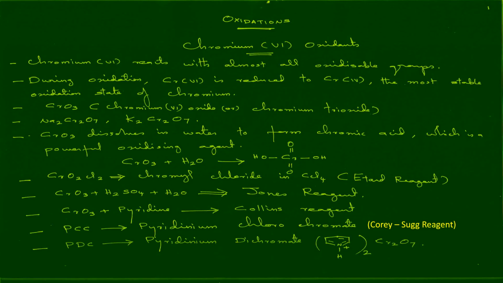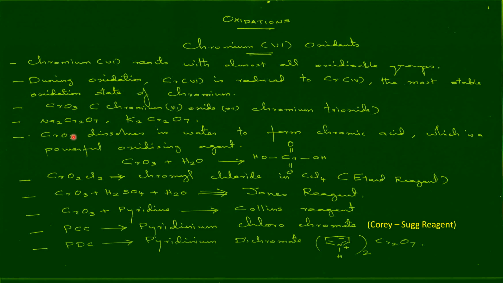Chromium 6 reacts with almost all oxidizable groups. During oxidation, chromium 6 is reduced to chromium 3, the most stable oxidation state of chromium.